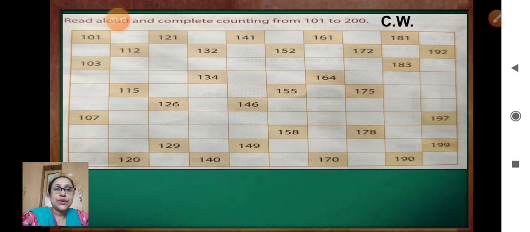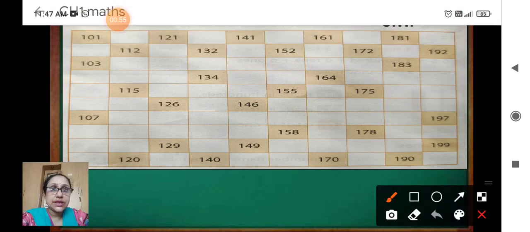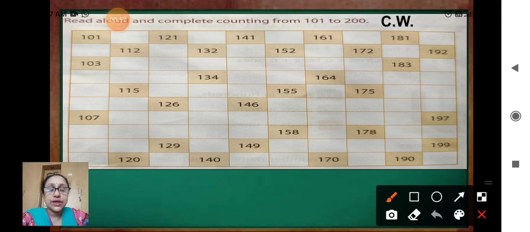Now you can see, read aloud and complete counting from 101 to 200. So let's start. You know the counting. You can write. Okay. 101.